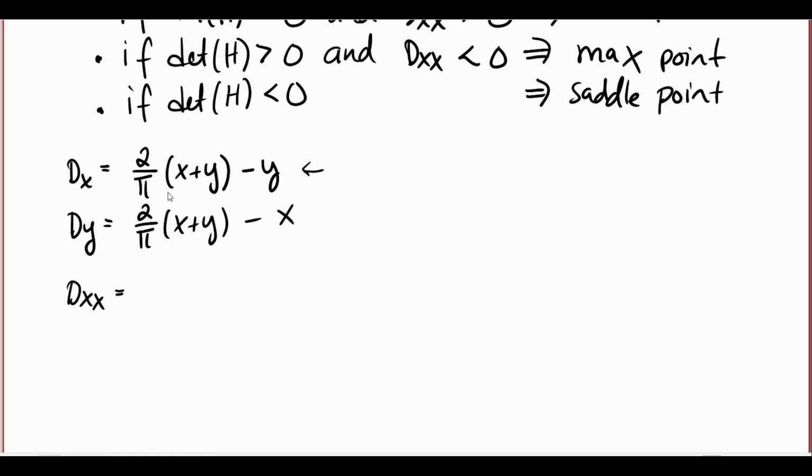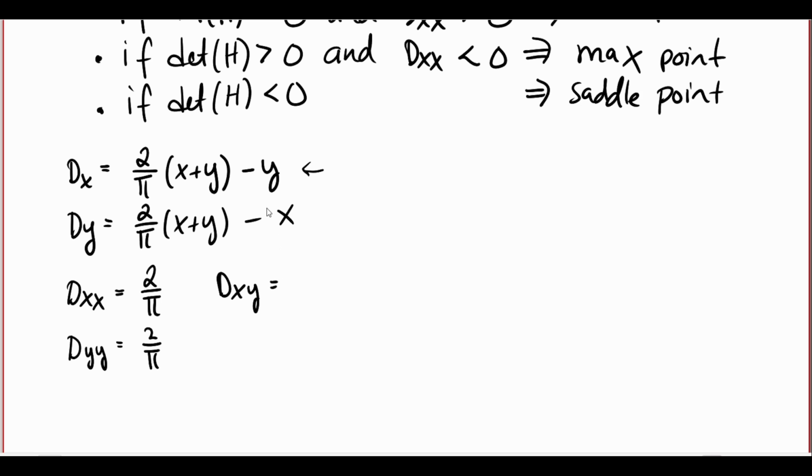We have to find the derivative of this function with respect to x again, so we have 2 divided by pi. This thing becomes 0, and this is multiplied with x, so we have 2 divided by pi, because the derivative of x is 1, and then the derivative of y is 0. So dxx is 2 over pi, and dyy is the same, 2 over pi again.